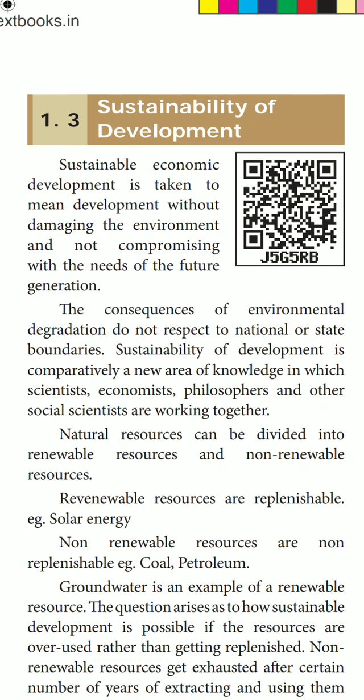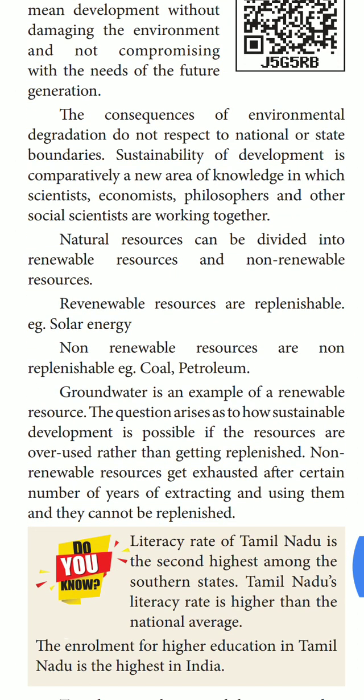Next, groundwater is an example of a renewable resource. So which is the best example for renewable resources? Groundwater. Okay. The question arises as to how sustainable development is possible if the resources are overused rather than getting replenished. Non-renewable resources get exhausted after a certain number of years of extracting and using them, and they cannot be replenished.